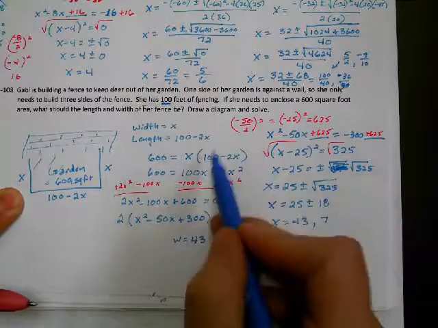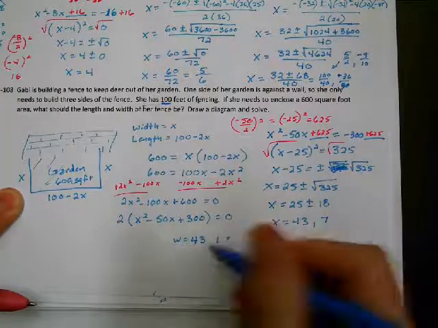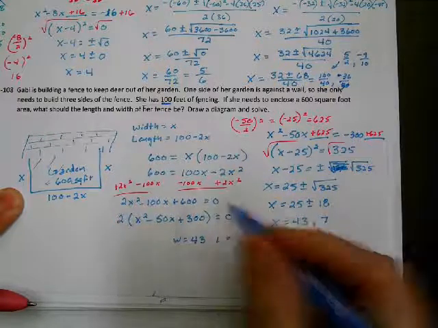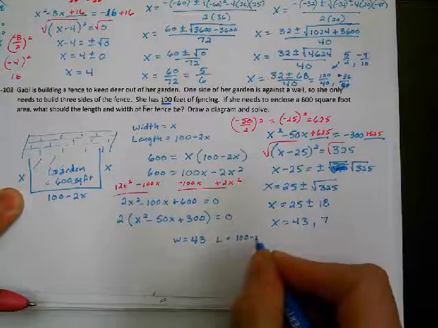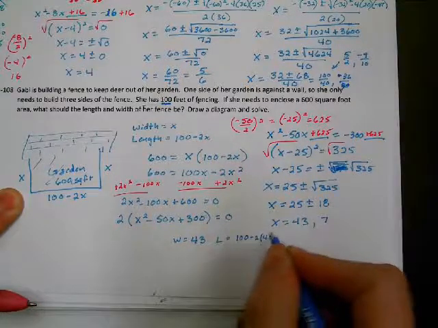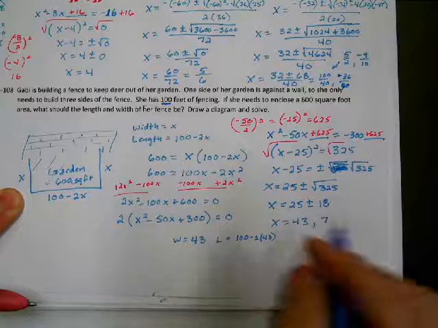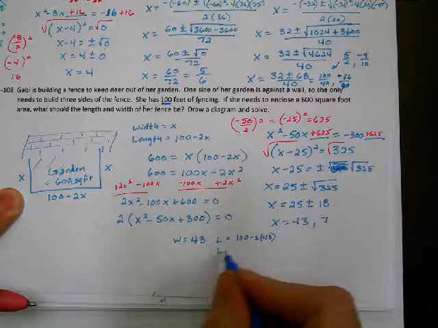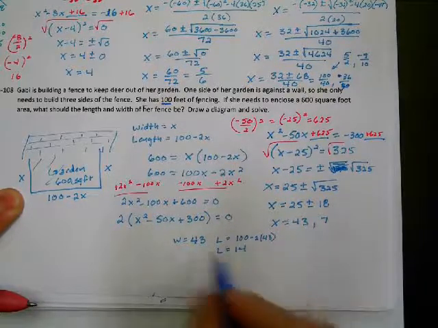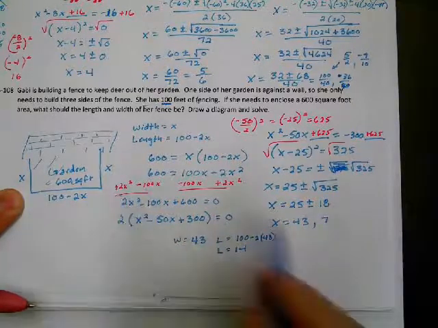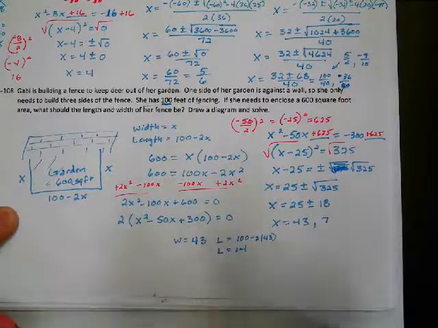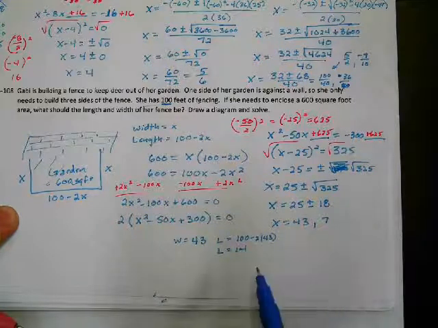So this is 100 minus 86, which would be 14. So there's one combination. I could make these two sides 43, and I could make this other side 14, and that would work. Because 43 times 14 is about 600 square feet.